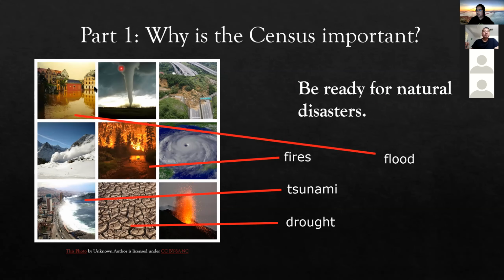California doesn't really have flood. California doesn't have tornado. California doesn't really have volcano. No, right? But California has drought. It has fire, and also maybe earthquake and landslide. Do you know earthquake? Earthquake.